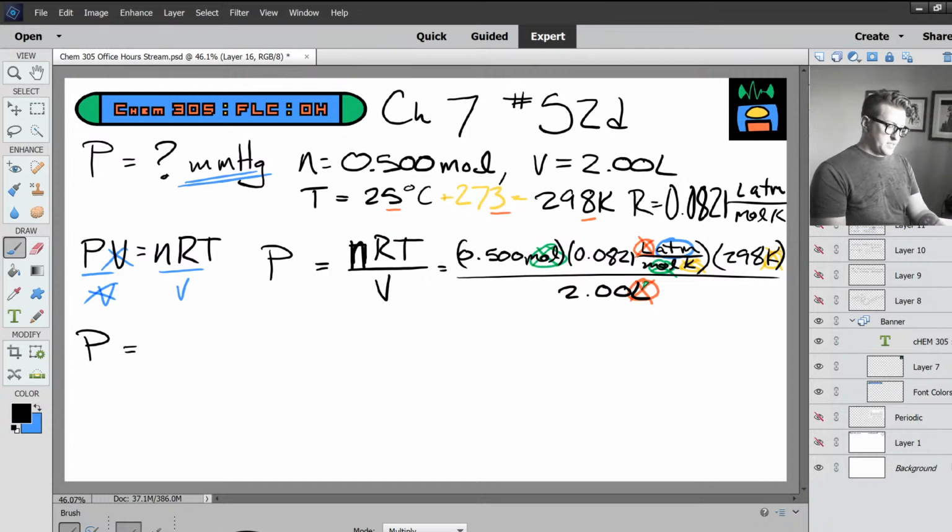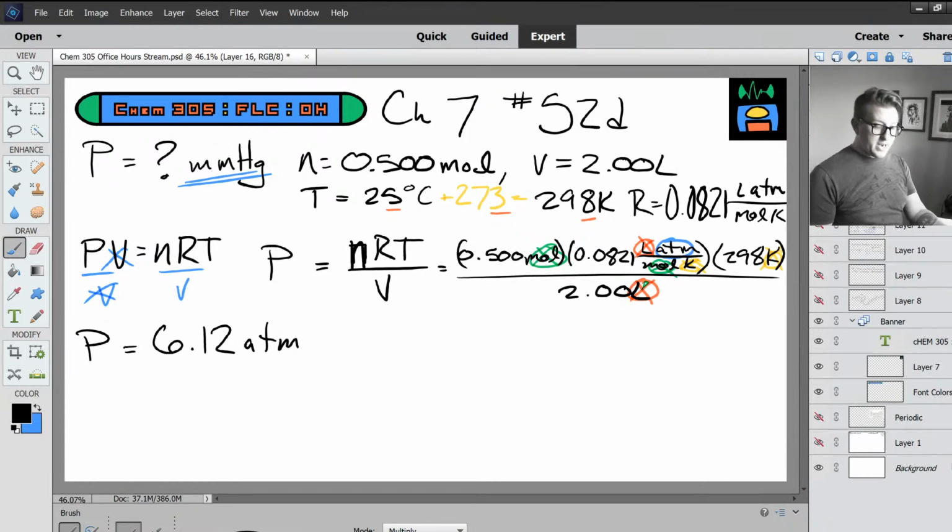We have 0.500 moles times 0.0821 times 298 divided by 2 gives us a pressure of 3 sig figs, 6.12 atmospheres. I'm just going to double check this real quick. 0.5 times 0.0821 times 298, divided by 2.